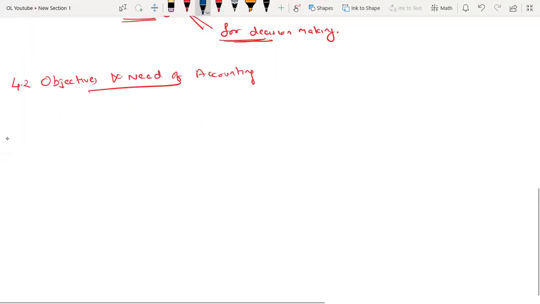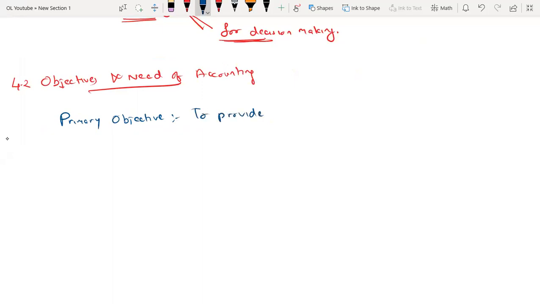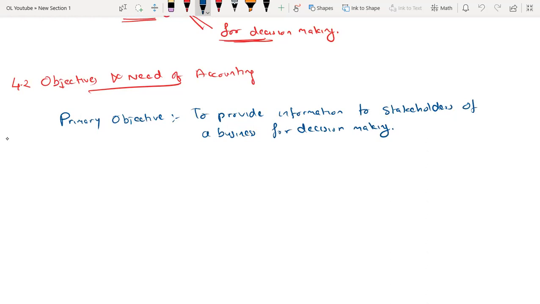The primary objective of accounting, as discussed above, right, is to provide information to whom? To the stakeholders of a business, or you can say interested parties, for decision making. For them to make decisions with regard to business, accounting provides information.